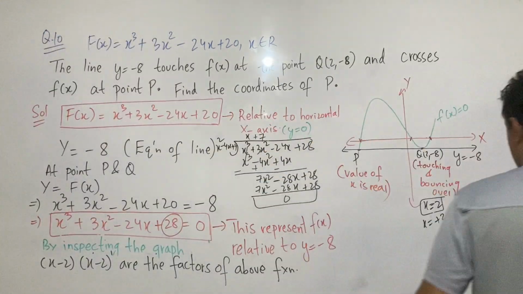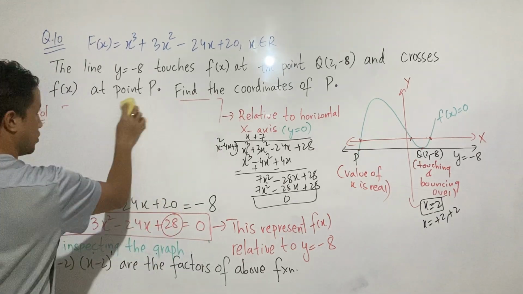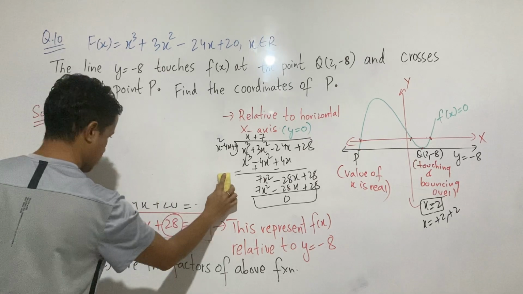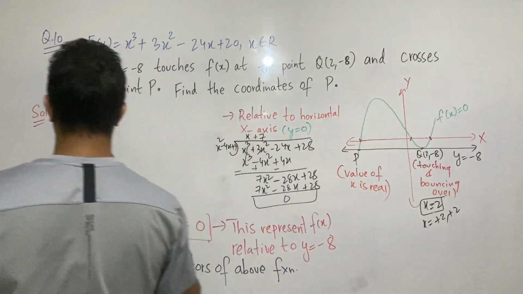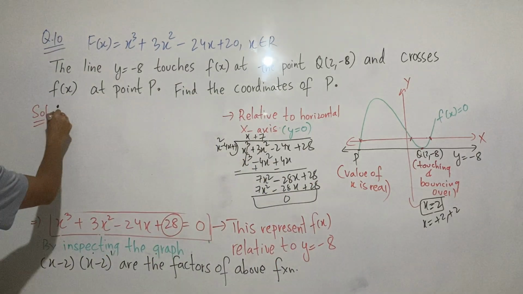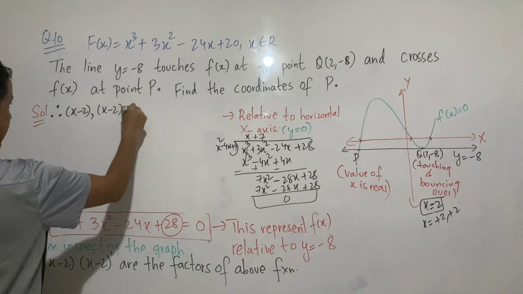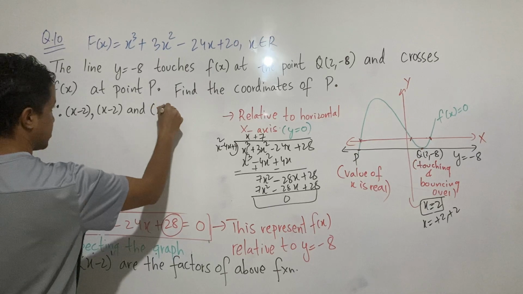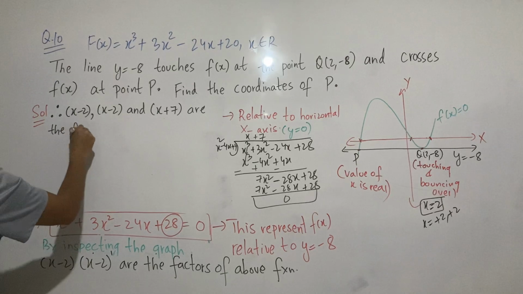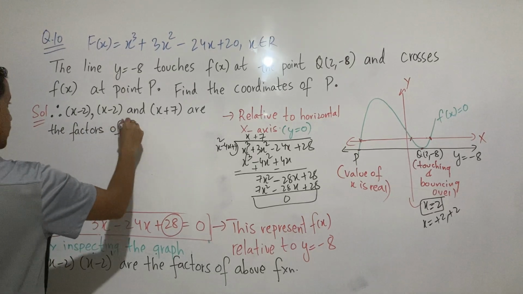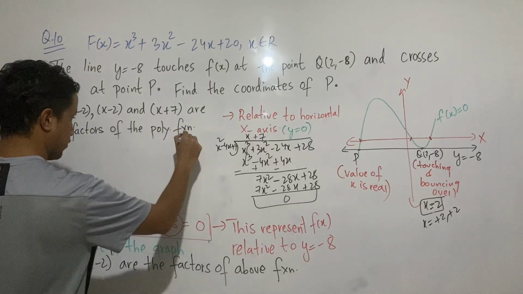So here I can write, therefore, x minus 2 and x plus 7 are the factors of the polynomial function.